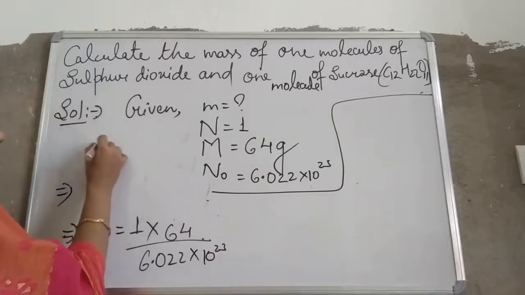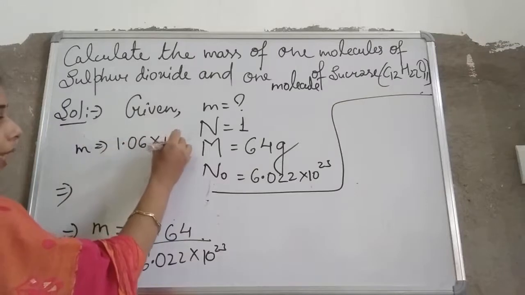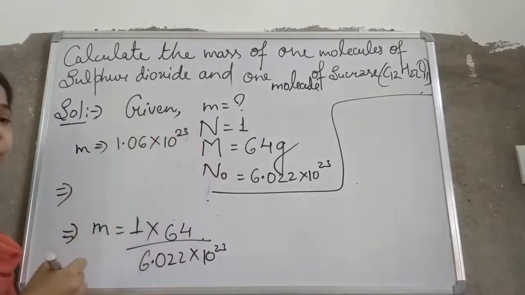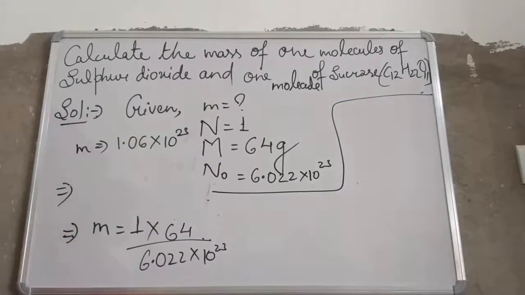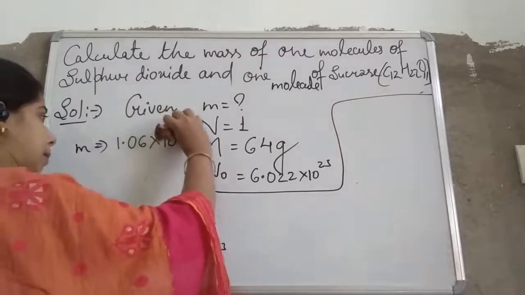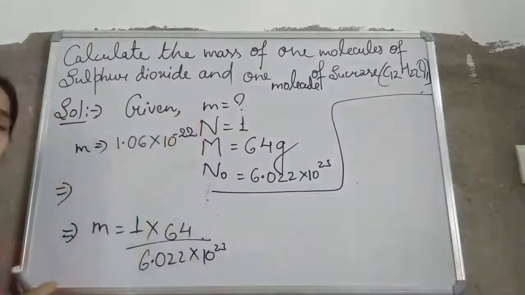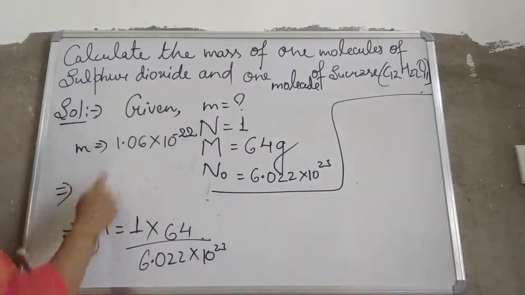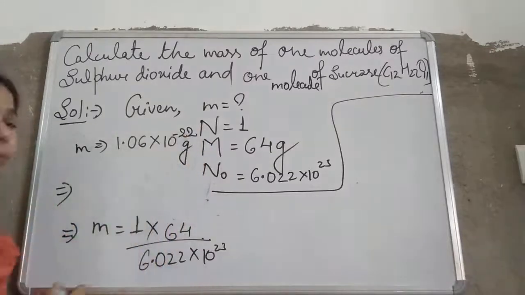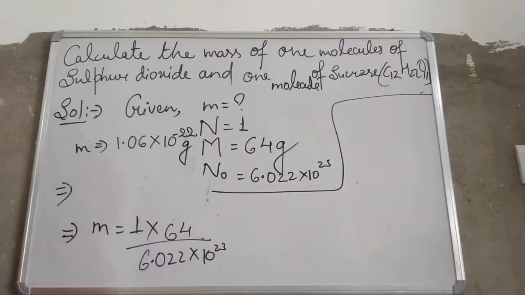So this will give, students, m is equal to 1.06 into 10 to the power minus 22. Okay. So this is what? This is in gram.